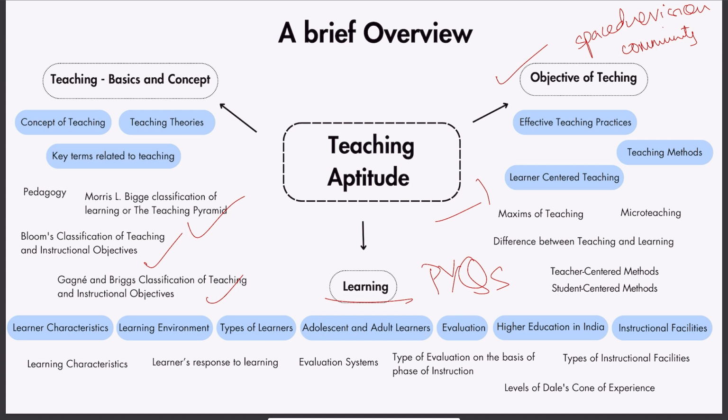Now, under learning, we've completed learner characteristics, and to give you a quick revision on this, here we learned about types of learning, what is observational learning, what is social learning, and cooperative learning styles. These are the important topics from learning characteristics.